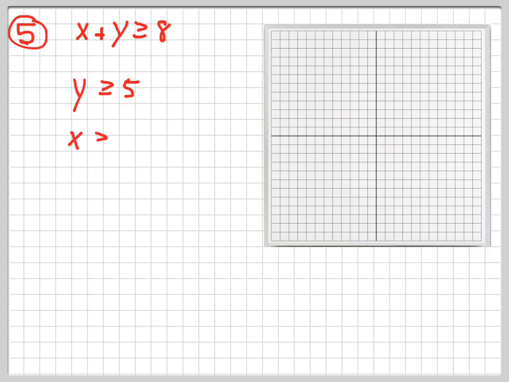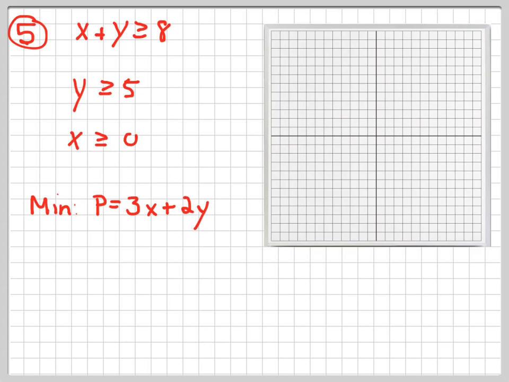And x is greater than or equal to 0. And we're going to use these to generate what we call the feasible region for the answers. And we're trying to minimize the objective function 3x plus 2y.